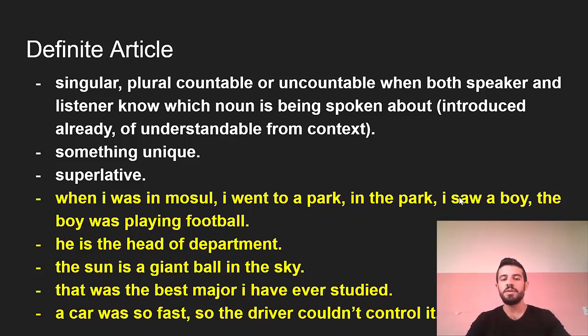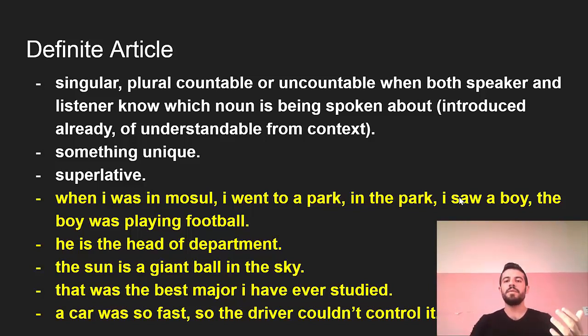So in this context, when I am standing or working inside the department, I can say he is the head of department. But for example, when we're working in the university, it is different. I can say he is a head of department, because I don't know which head of department. Maybe head of department for computer science, maybe for communication, maybe for another department.